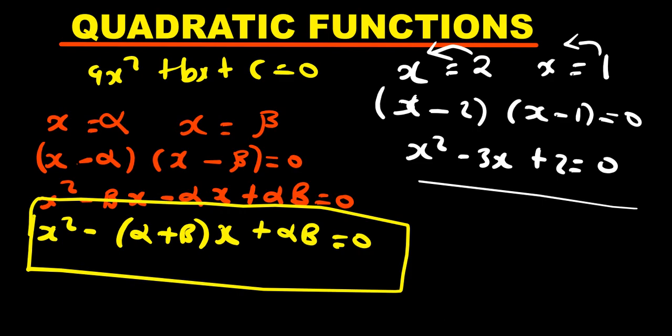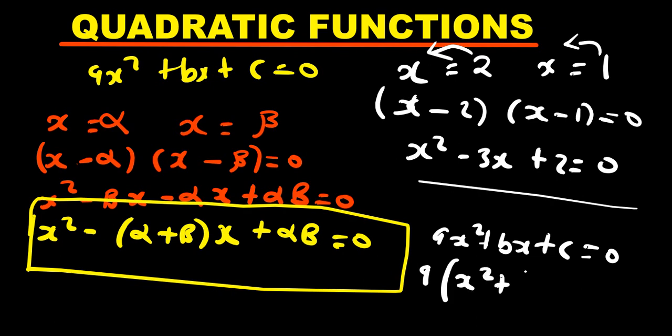Now you're able to see that. Let me write the general equation that we said is the form. We said the form is ax squared plus bx plus c is equal to 0. Now if in this expression we factor out a, how will the expression be? It will be a times (x squared plus b over a x plus c over a), equal to 0.